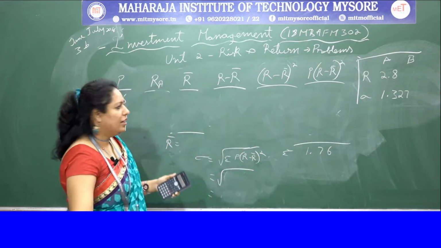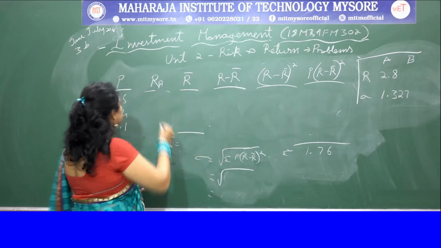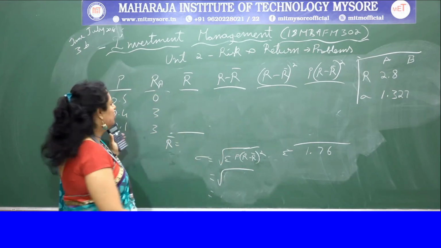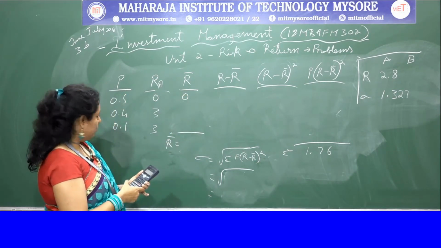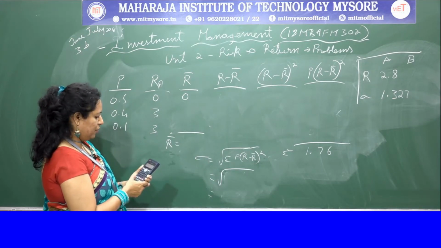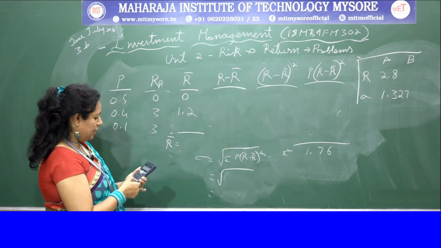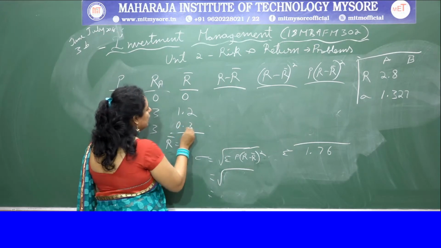Okay, in the same way, do it for security B. Security B, it is 0, 3, 3. So 0 into 0.5 is 0, 3 into 0.4 is 1.2, and 3 into 0.1 is 0.3.